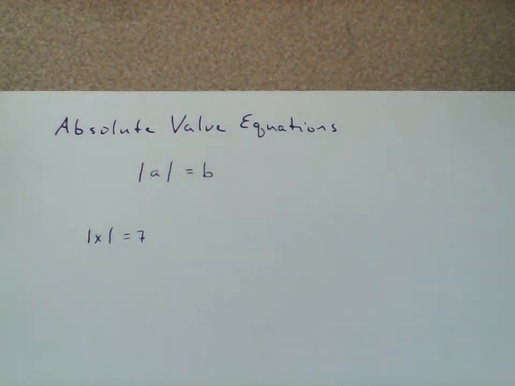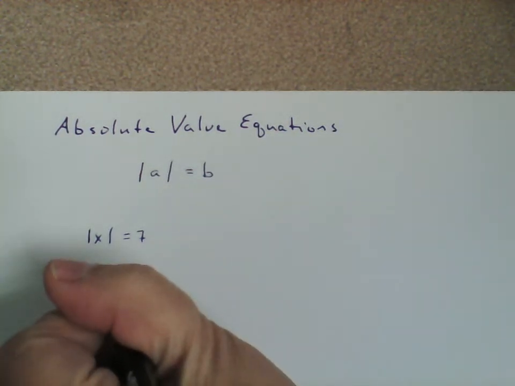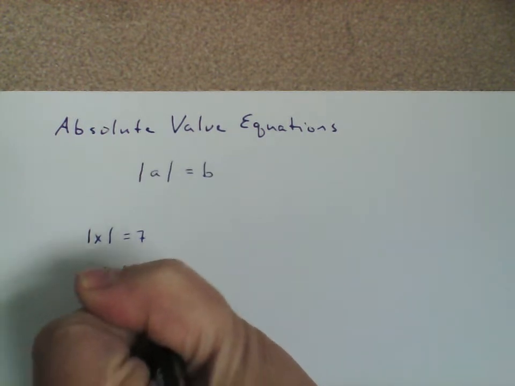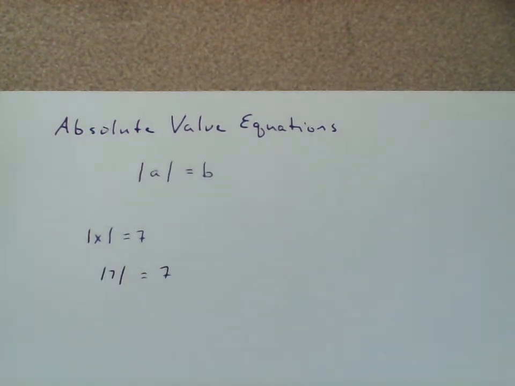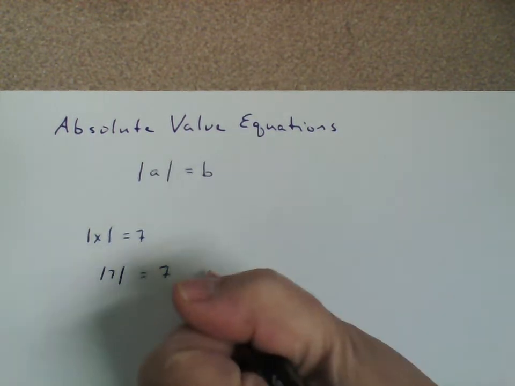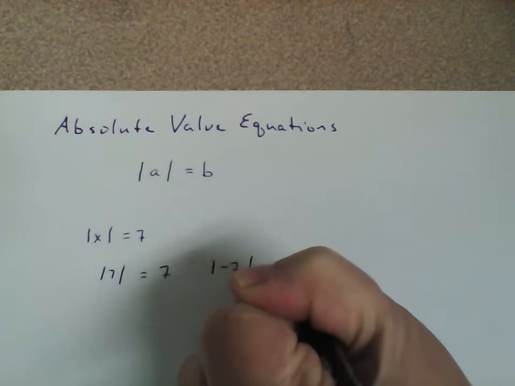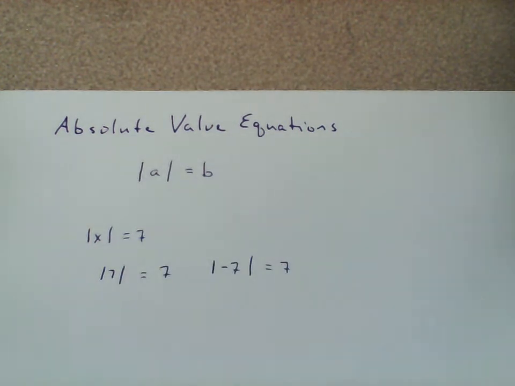Well, if x was 7, it would equal 7. But also, if x was -7, it would equal 7. And so that's what we mean by it's a distance. We can't have a negative distance. It's just saying that if we're going in the opposite direction, it's still 7 away.